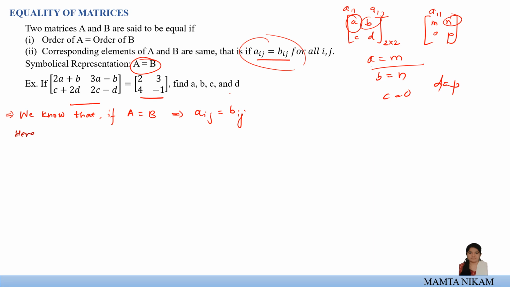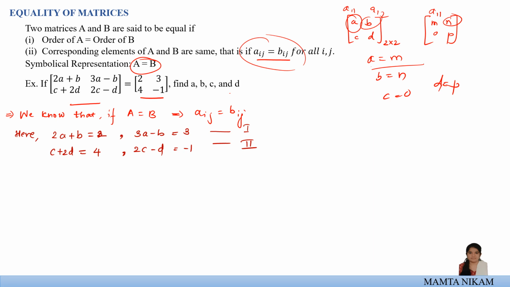So as per this property क्या हो जाएगा? Here we will get 2a plus b is equal to 2, and second term से मिलेगा 3a minus b equal to 3. Second row से क्या मिलेगा? c plus 2d equals to 4, 2c minus d equals to minus 1. Correct? Such will be the equations we will obtain. Now suppose this is equation 1 and this is equation 2 we are getting.